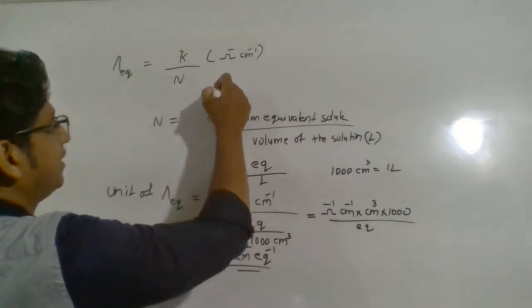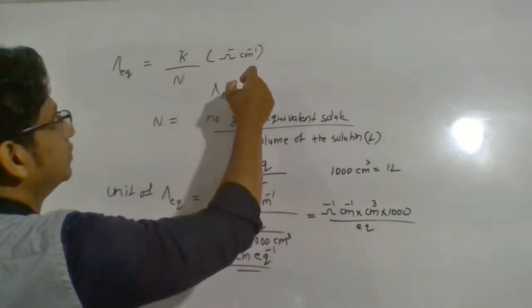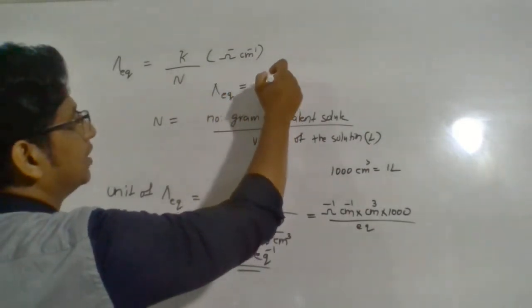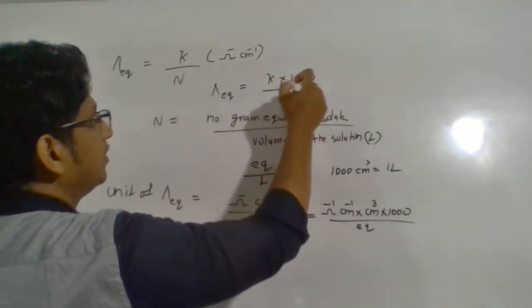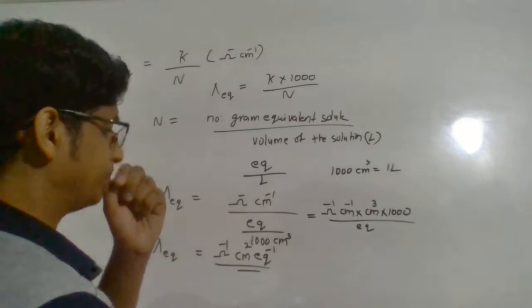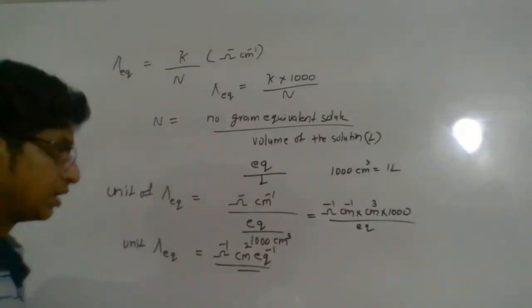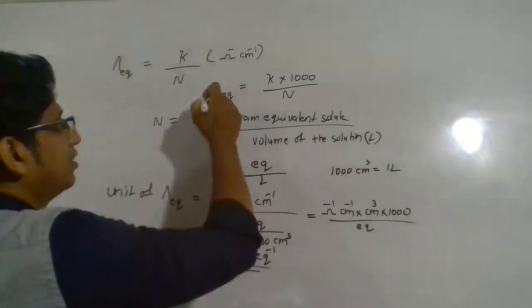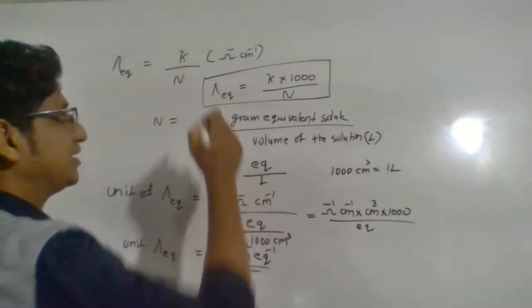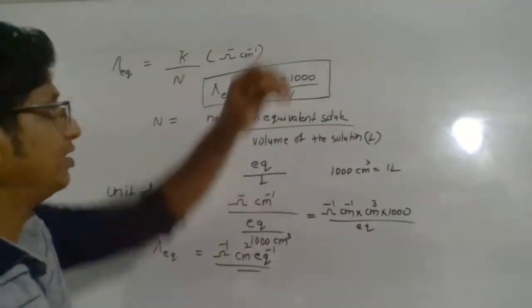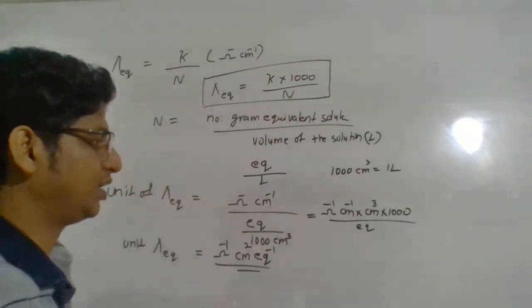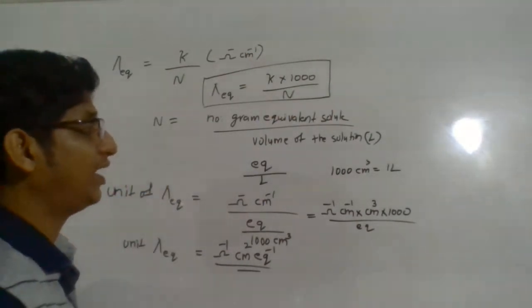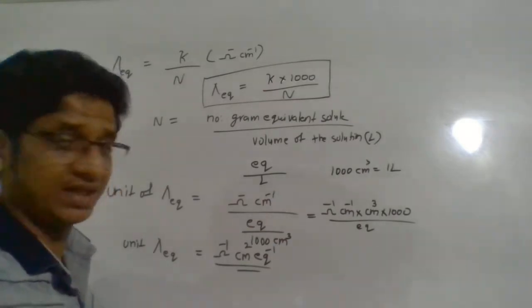Lambda equivalent is equal to kappa, that is conductivity, into 1000 divided by normality. This will give you the equation for equivalent conductivity. All you need is conductivity and normality. If you have these two values, you can find the equivalent conductivity.